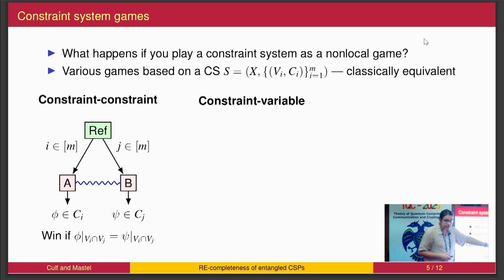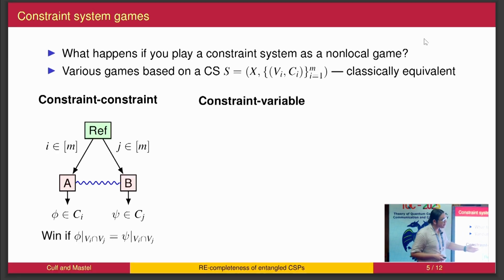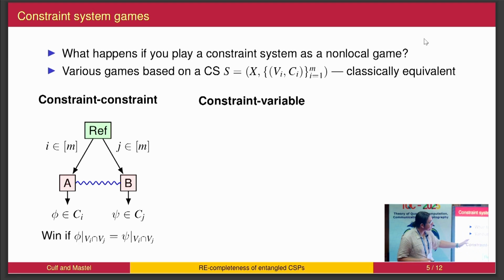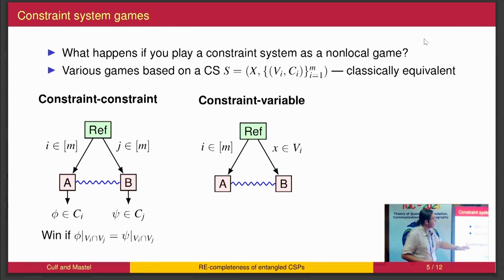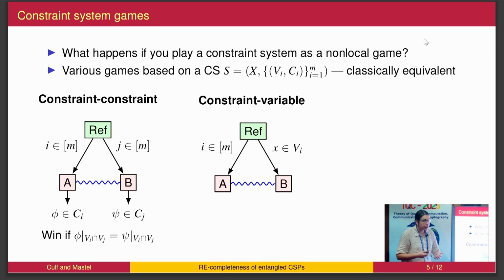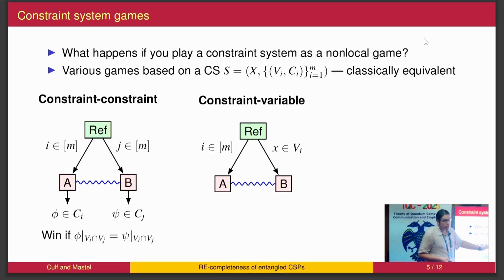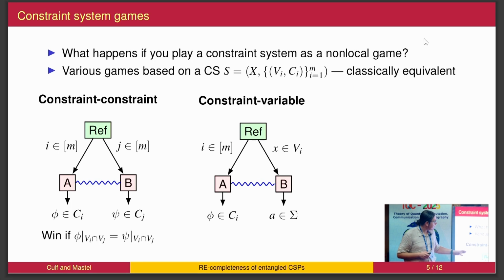A similar sort of consistency checking variant is the constraint variable game. These are very close. The perfect strategies are, in fact, the same, but they do have slightly different behavior for imperfect strategies. And again, you have the same setup. You have a referee and two players who may share entanglement in the quantum setting. And instead of giving both of the players single constraints, you give one of the players a constraint, and the other player you give a single variable from the constraint.